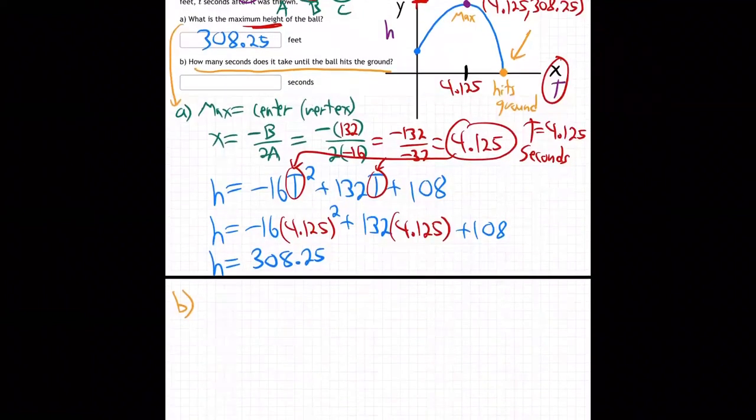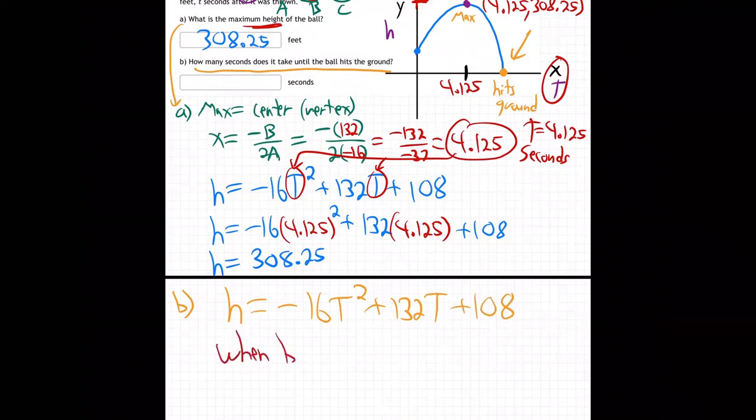So I take the h formula they gave me, minus 16 t squared plus 132t plus 108, and when the ball hits the ground, h equals 0. Its height is 0.